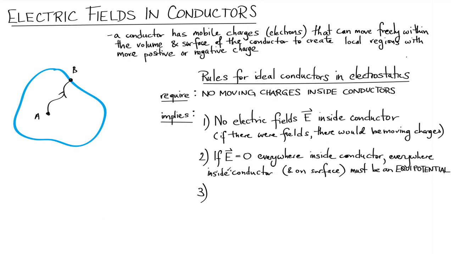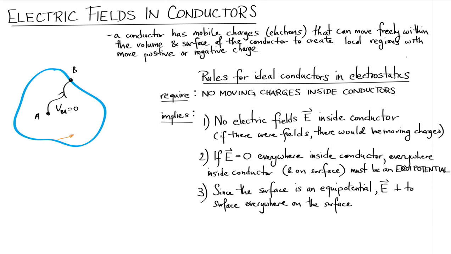If the surface is an equipotential, then from what we learned about equipotentials in the last lecture video, the electric field must be perpendicular everywhere on the surface. The electric field is always perpendicular to the equipotential. So let me just write that down.